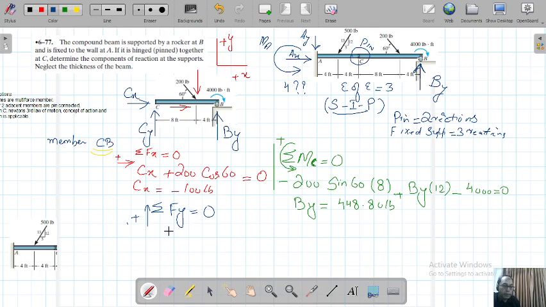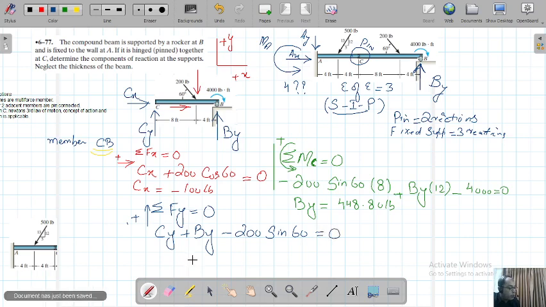So it will be Cy plus By towards the positive y, minus 200 sine 60 is equal to 0.